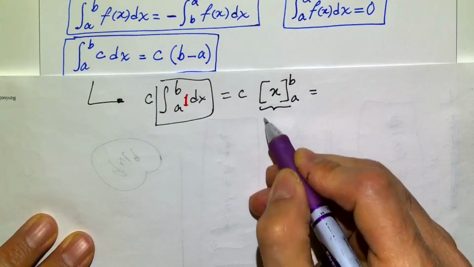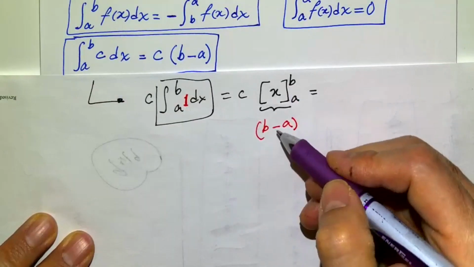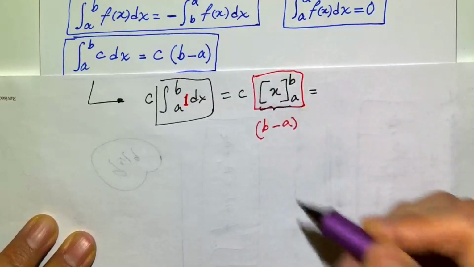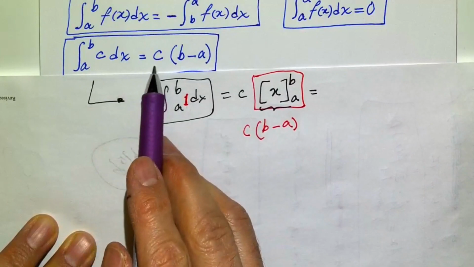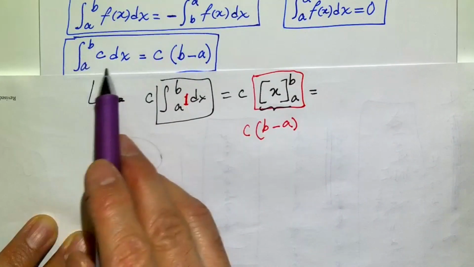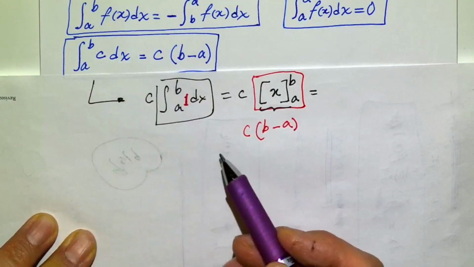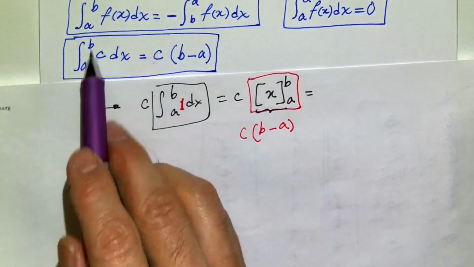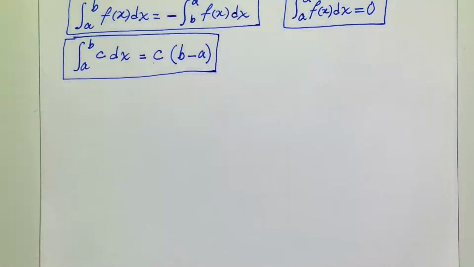So b minus a, that's what I've written in red ink, is this quantity, of course, times c. So that's what we have here. Okay, so if you have a definite integral of a constant, this is what you're going to get. Simply multiply the constant by the difference between the upper and the lower limits of the integral.